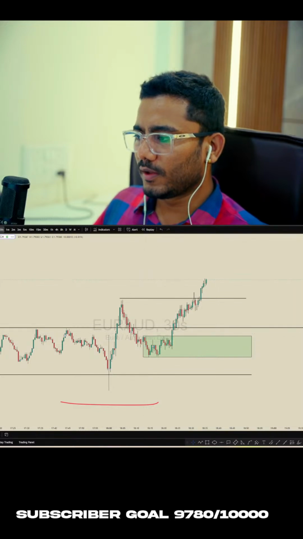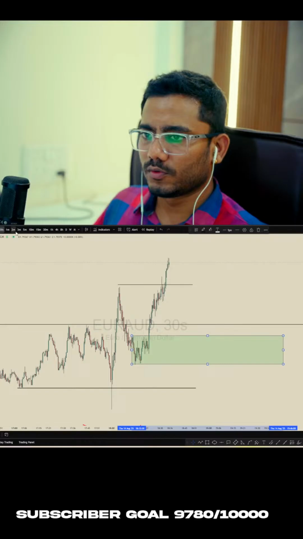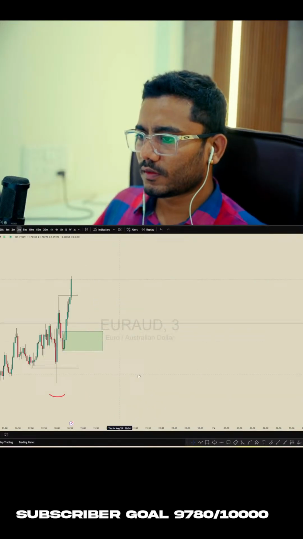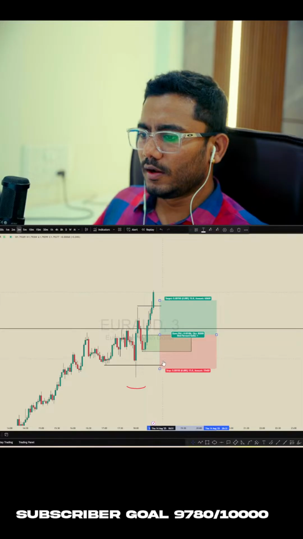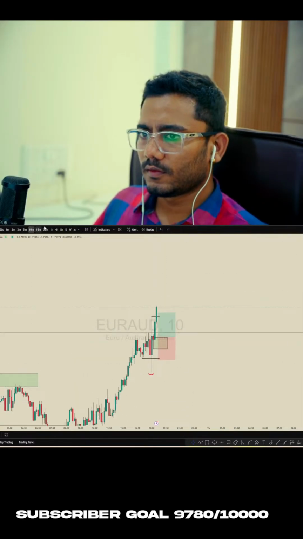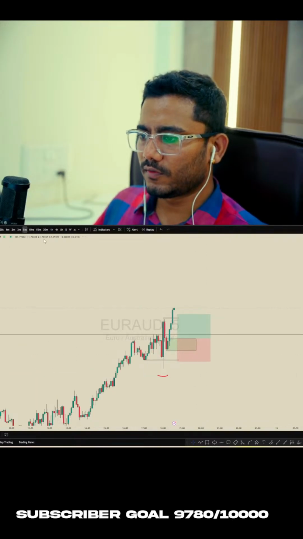We have a nice imbalance. Price never tapped this area. So we can look for a buy side setup over here. Entry, stop loss below this low. We have 30 minutes, 15 minutes, 10 minutes, 5 minutes.